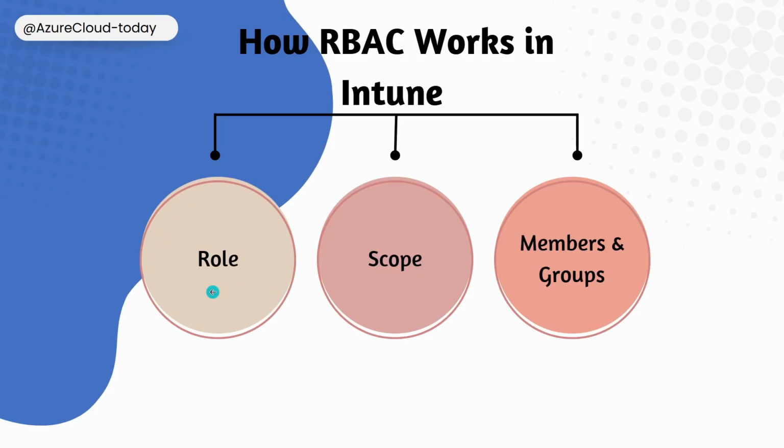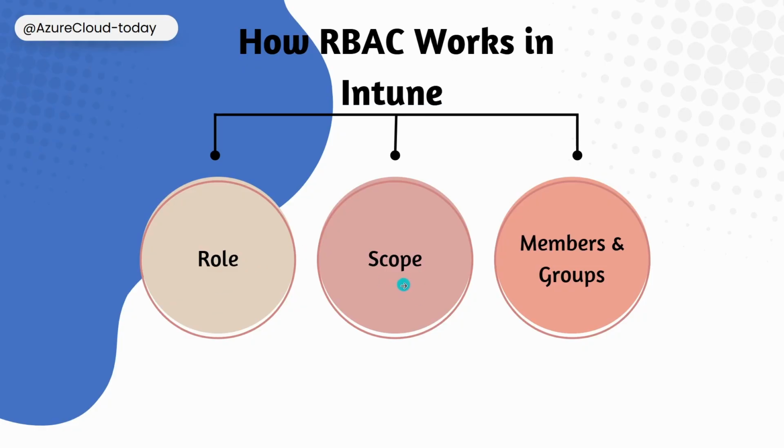Block 1 is role. A role is a collection of permissions and it defines what someone can do. For example, the help desk operator role includes permissions like read device data and perform remote actions, but it does not include permissions like delete compliance policy.